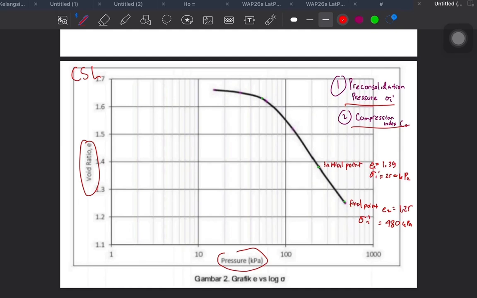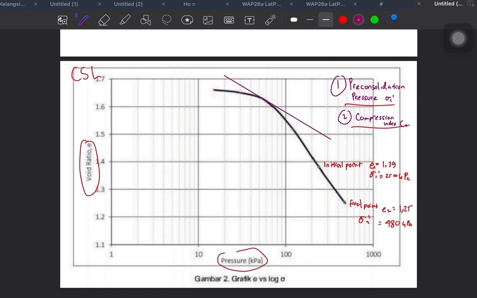Okay, next step you have to make a tangent line at the maximum curvature point like this. This line follows the local direction of the compression curve.